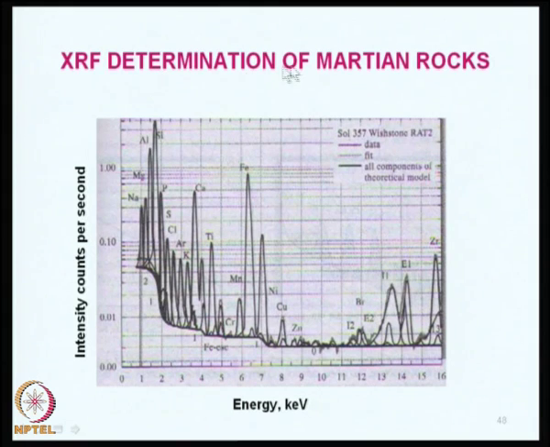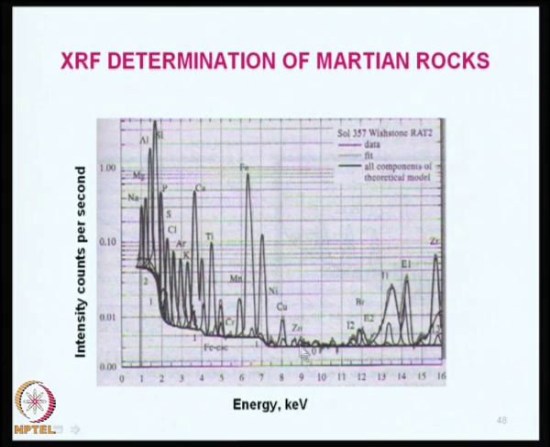The X-ray detector is a new room temperature type that exhibits very low noise. If the detector is operating at a very high temperature, it gives higher noise, which means the detection limit will be poorer. This is the XRF determination of Martian rocks.